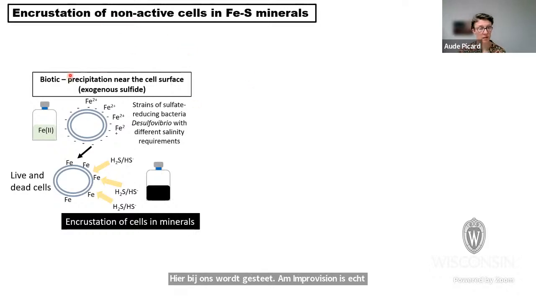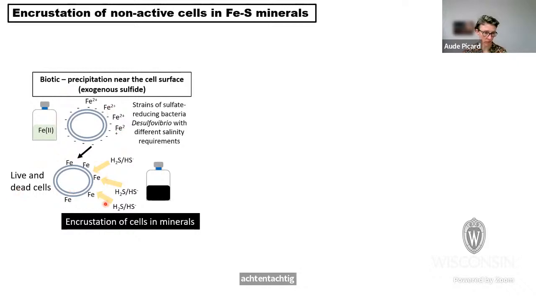In this case, we take bacteria that are alive, but we remove the lactate from the medium. So there is the possibility of binding iron, but we do not give them lactate. So basically, they cannot produce sulfide.